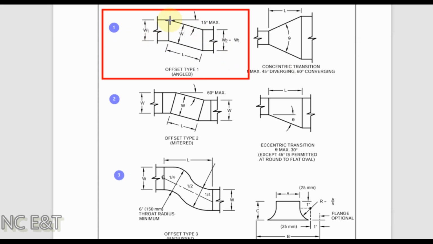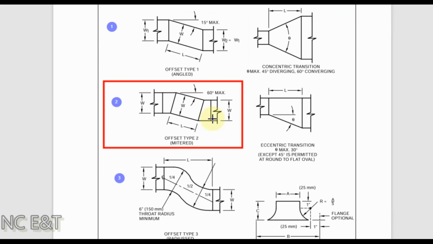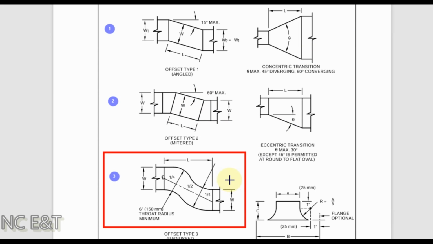In this case you cannot exceed the angle for the offset more than 15 degree. Number 2, you can cut the straight duct at the angle you need to join two ducts at different levels. In this case you can have a maximum angle of 60 degree. Number 3, you can fabricate the offset with round, having a throat radius minimum 6 inch or 150 mm.